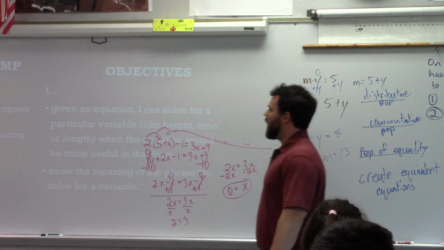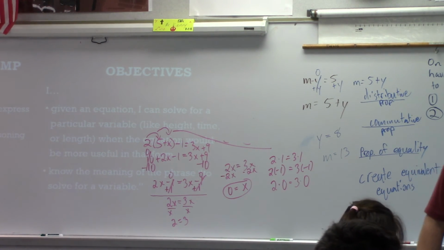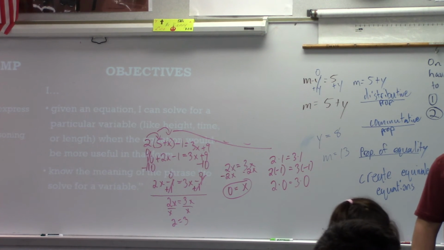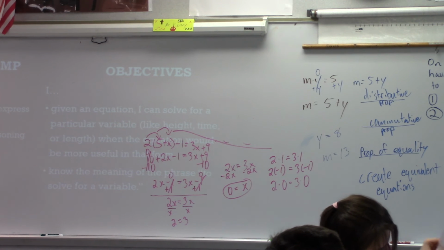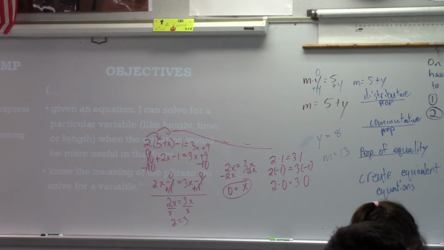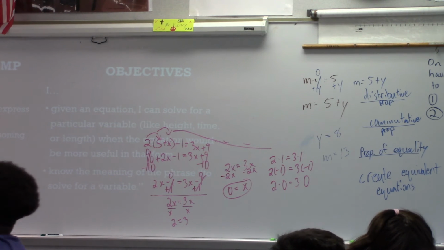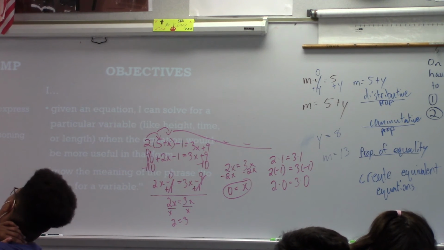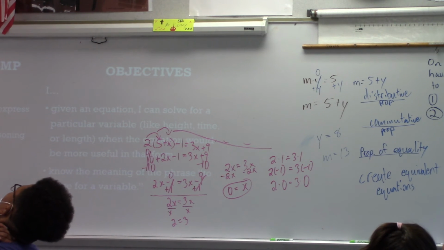Okay. Here is what we want to pay attention to in lesson 8 that I just passed out. I've harped very heavily on the properties of equality. Because what do the properties of equality create?